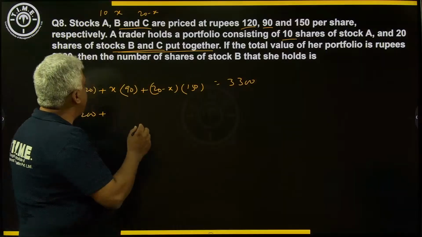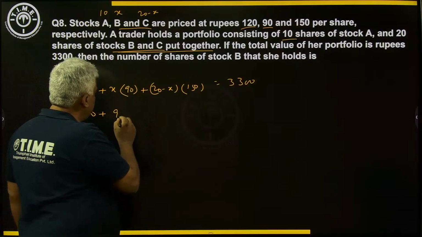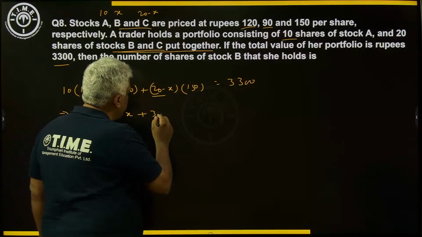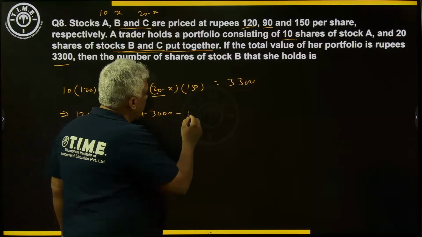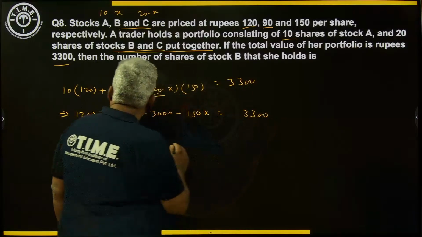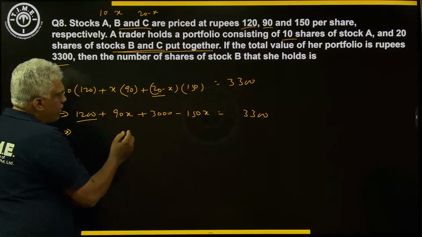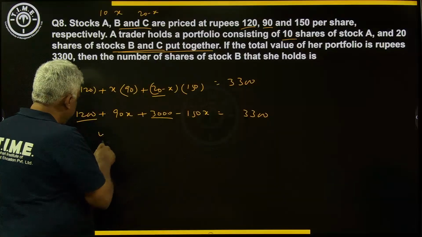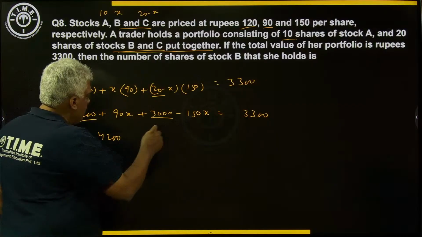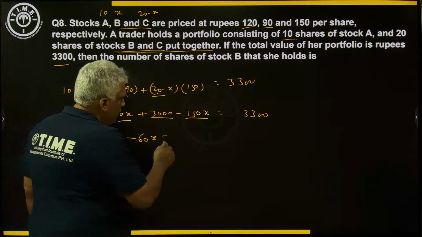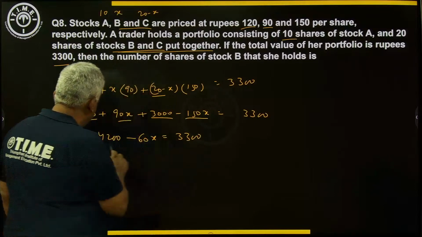Now let's open this bracket. So this will be 90x. Now let's open the other bracket. 20 into 150 is 3000, right? 3000 minus 150x, and that equals 3300, right? So 1200 and 3000, that is 4200, and this is 90x minus 150x, that is minus 60x, equals 3300.